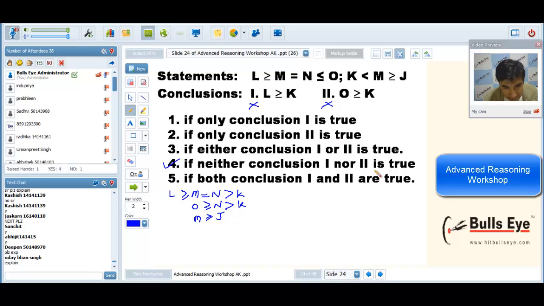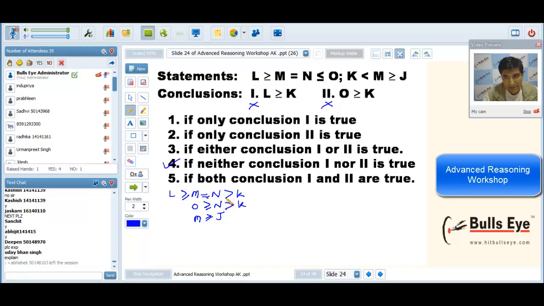Okay, Dipen. Uday, I have already written the explanation here. What part did you not understand? L is greater than equal to M, M is equal to N, and N is greater than K. We have L greater than equal to K, which is not true.